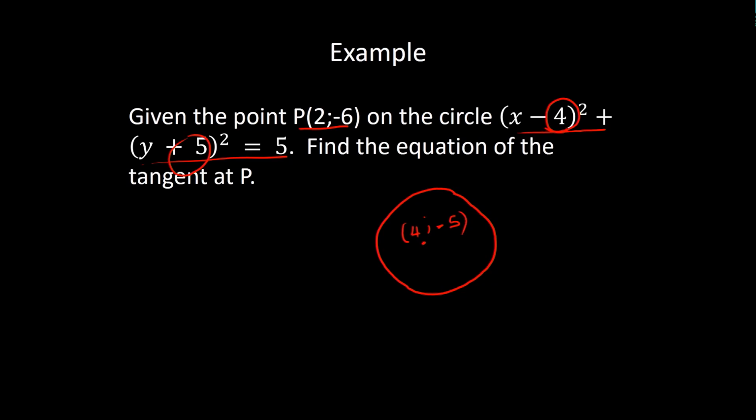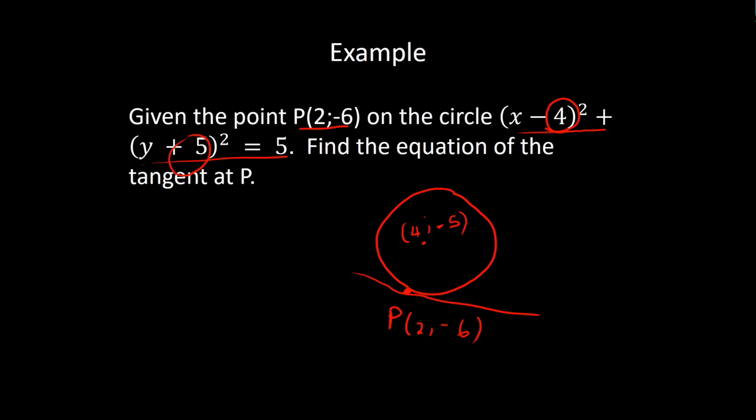And then you're given the point P with coordinates 2 and -6, so let's say that that's somewhere there. And then there's a tangent drawn at that point P. Of course, that should be a straight line, not a squiggly line, but I don't have a ruler, so we will accept that that represents a tangent.